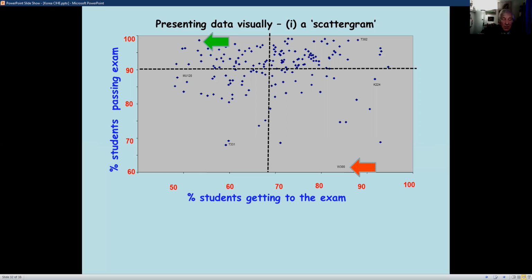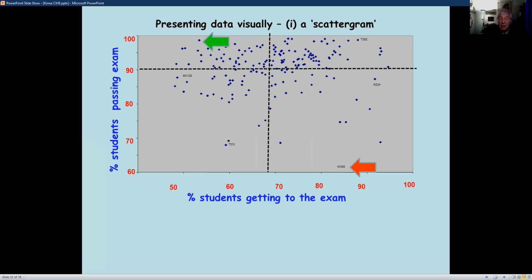So for instance, the module with the red arrow is a course called Introduction to Law. You'll see it's what is called an outlier. It's a long way from the other points on the scattergram. It has a high getting to the exam rate. Nearly 90% of the students actually sit the exam, but a very low pass rate.